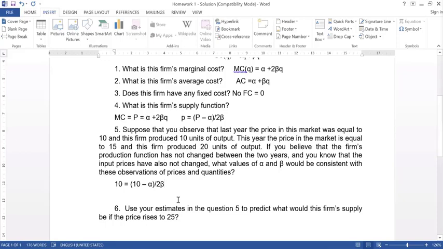From this equation, we have 20 beta equal 10 minus alpha.